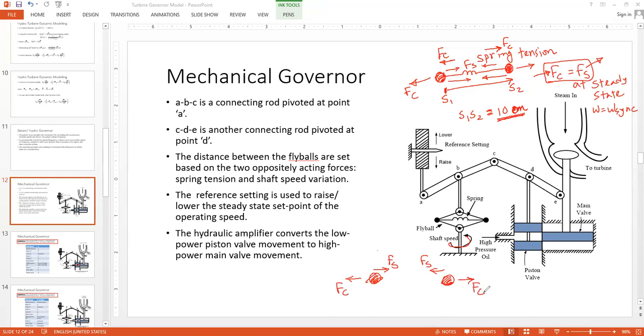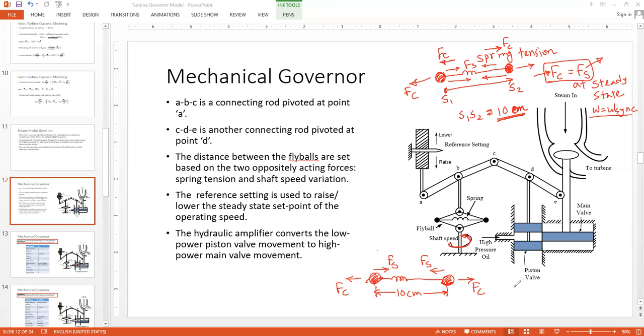So when it was omega equals omega synchronous, this distance was 10 centimeter, the center of the balls. Next I asked that if the shaft speed increases, which force would increase? Fc would increase. So now tell me, will the spring extend or shrink? It will extend.